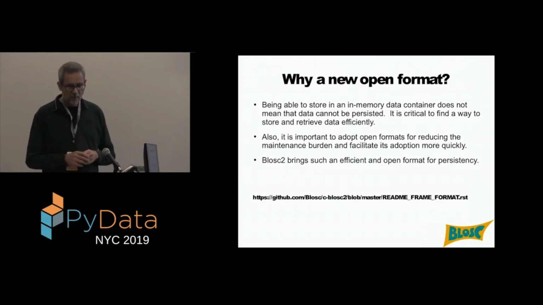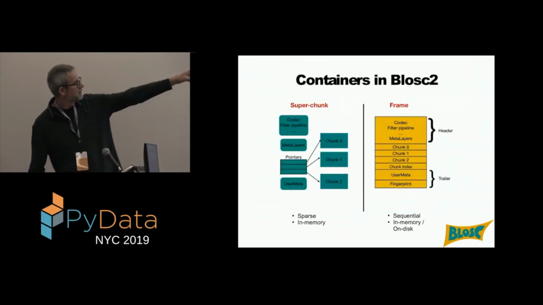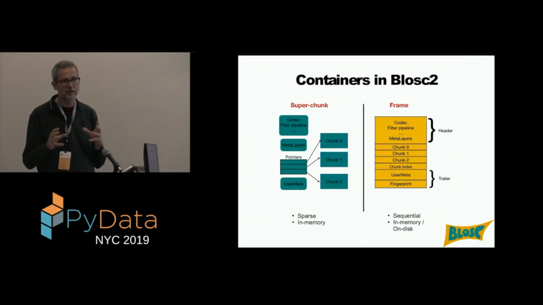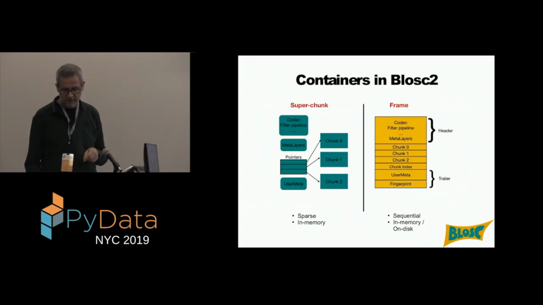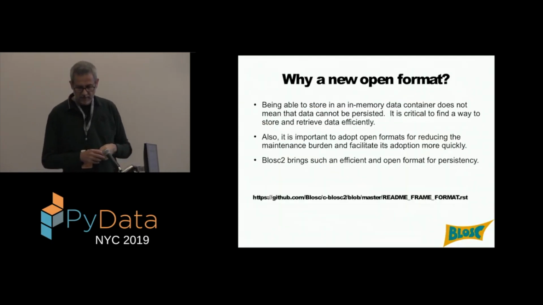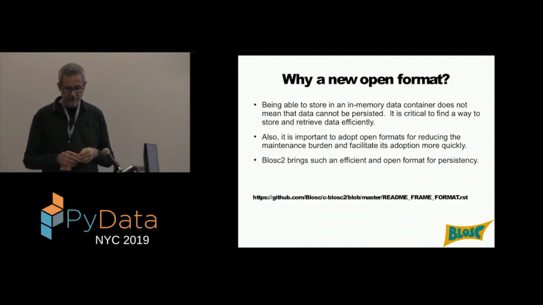Also, we created a new format for storing the compressed data. And the new format is essentially the frame. So when you see the frame, this is sequential, and of course we need a format in order to interpret what's in every part of the frame. We created a new format because it is critical for us to find a way to store and retrieve data efficiently.